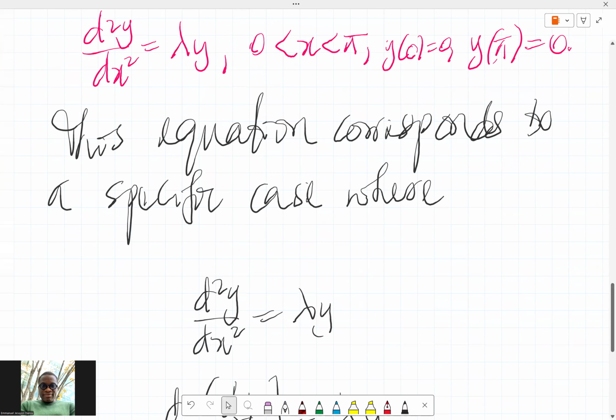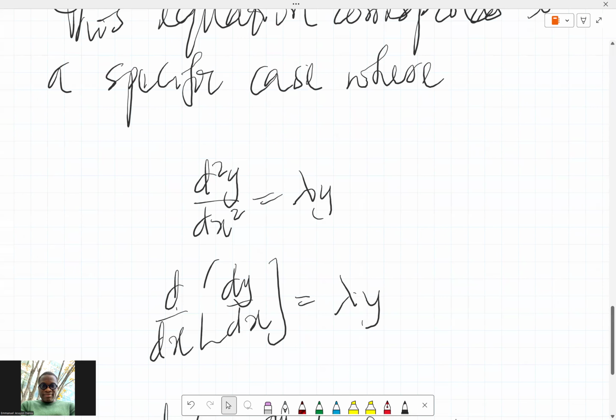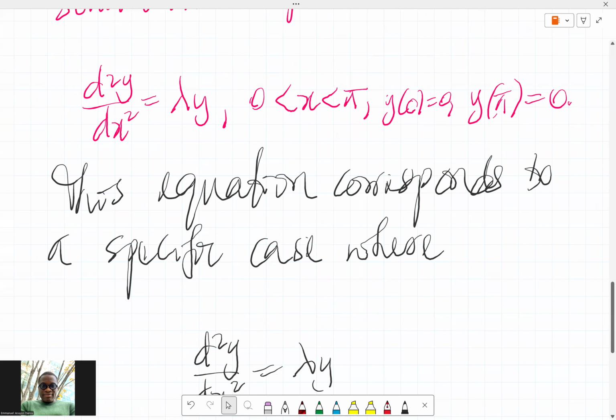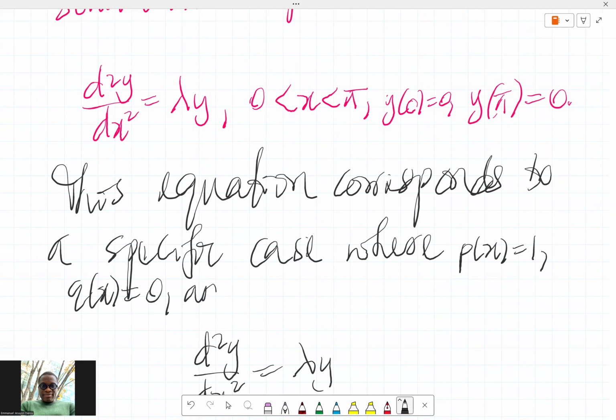That's why we said this equation corresponds to a specific case where p of x is 1, q of x is 0, and r of x is also 1.